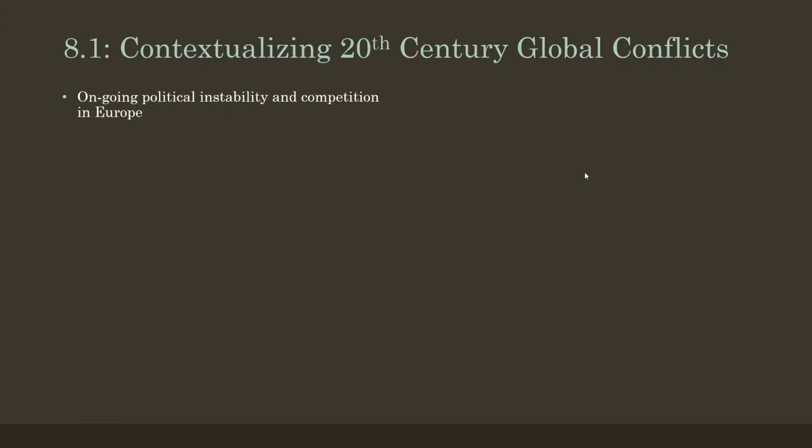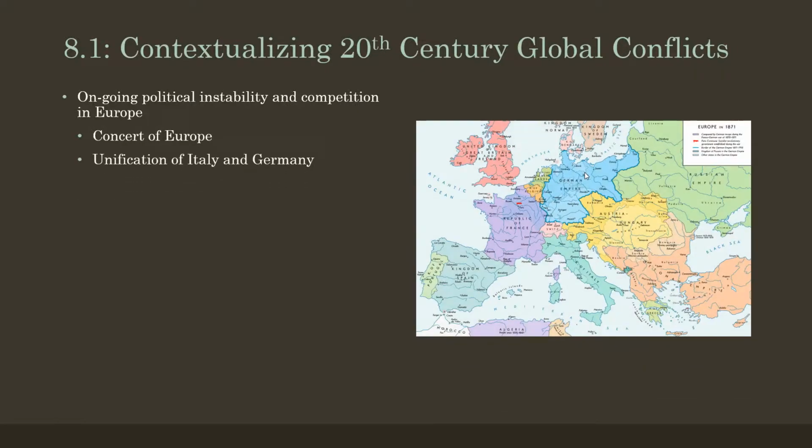So a little bit of context here. Just coming out of the last time period, we need to think about contextualizing these 20th century global conflicts. 19th century, lots of political instability and competition in Europe. By the late 19th century, there's political instability, I should say. The unification of Italy and Germany is really going to be a big part of this. There's actually a school of thought among historians that this 100 years is relatively peaceful in Europe, 1815 to 1914, and it is.